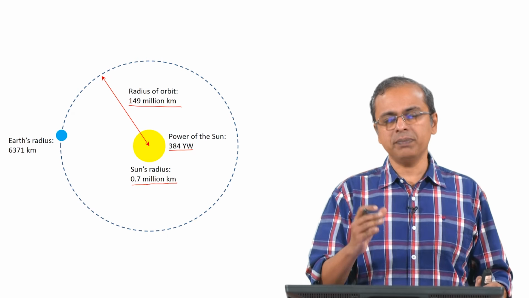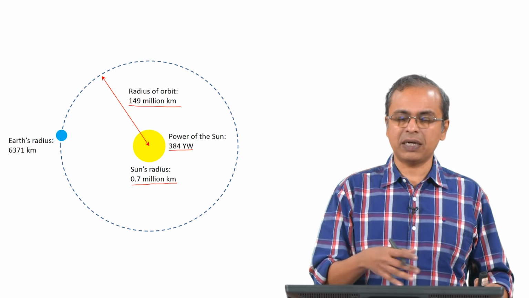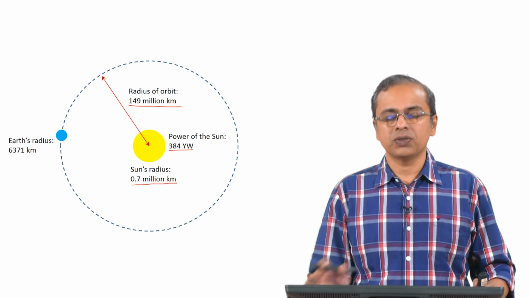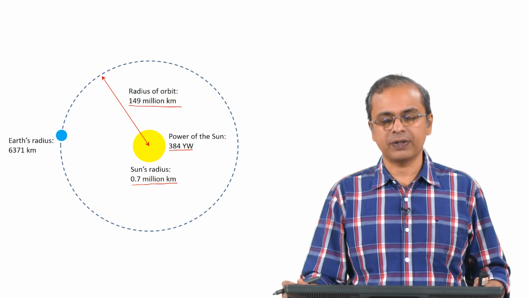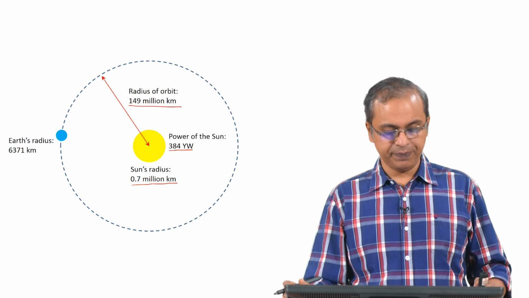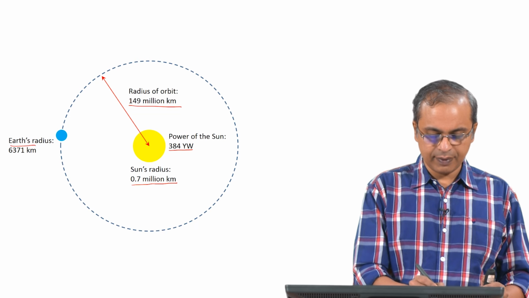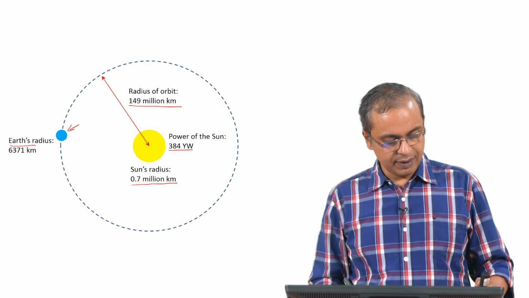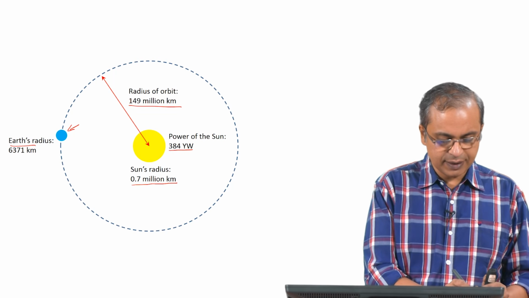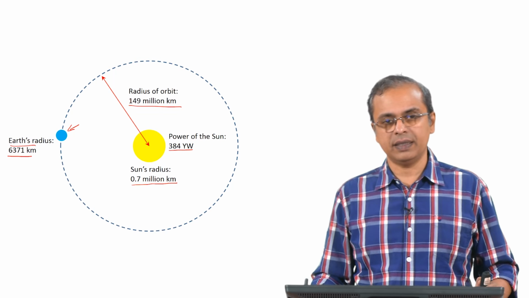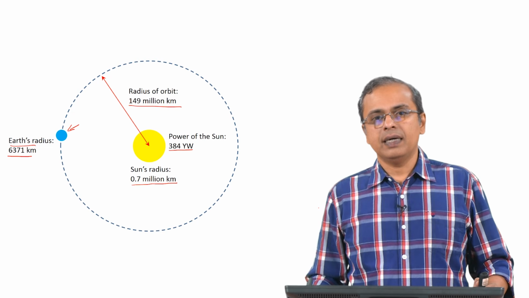It will not be a perfect circle, but we can assume, as always in all these calculations, some approximation. So we will assume it is a circular orbit of 149 million kilometers. And then you have the Earth here, and as you can see, its radius is 6371 kilometers.